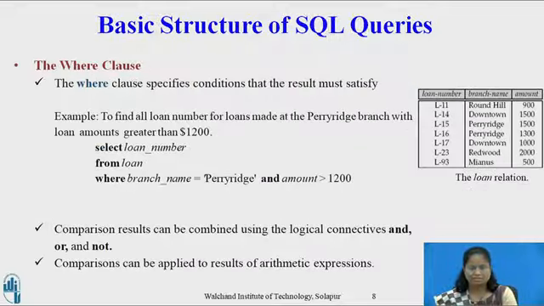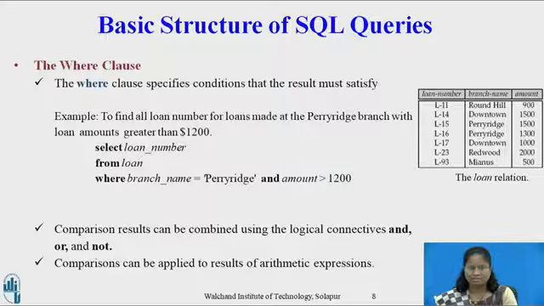The where clause specifies the condition that the result must satisfy. Example: to find all loan numbers for loans made at the Perryridge branch with loan amount greater than $1200. SQL command: select loan number from loan where branch name equals Perryridge and amount greater than 1200.